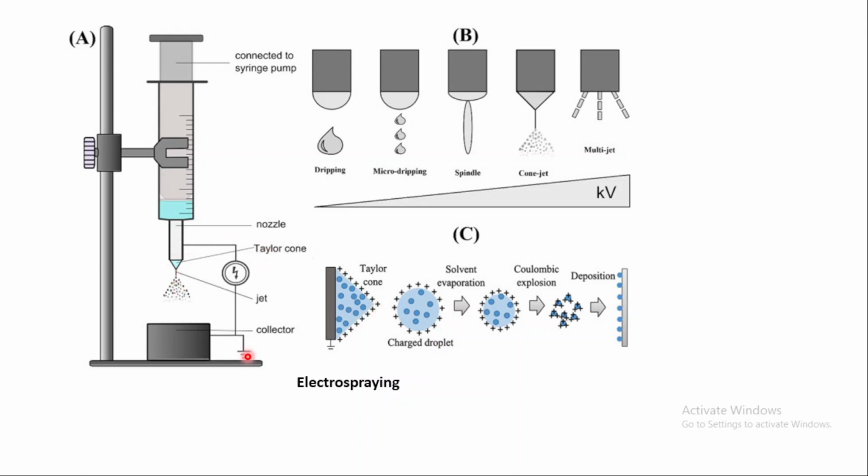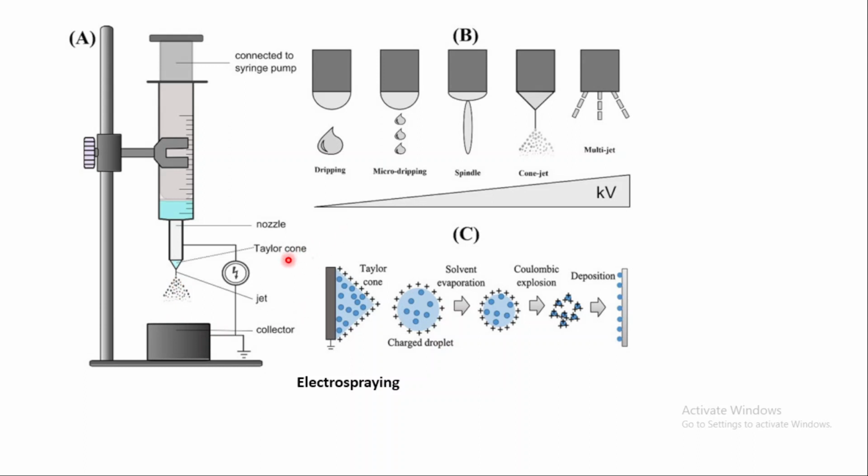The Taylor cone and the collector are where there will be deposition of these droplets and formation of the nanomaterial. Between the collector and the Taylor cone, there will be a voltage difference. So basically there will be an electric current which will guide these droplets to form a deposition on the collector.